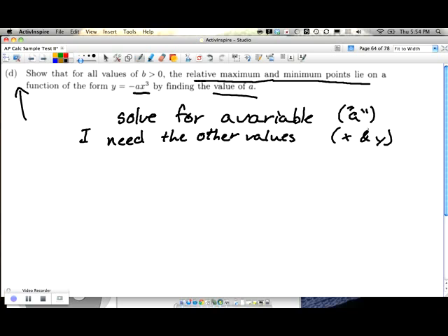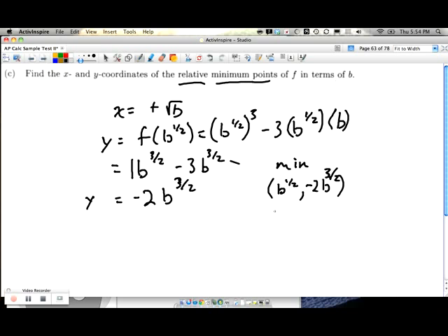Wait a second, we know x and y no matter what the max and min values are. So let's do the minimum value. We got b to the 1 half for x and negative 2b to the 3 halves for y.